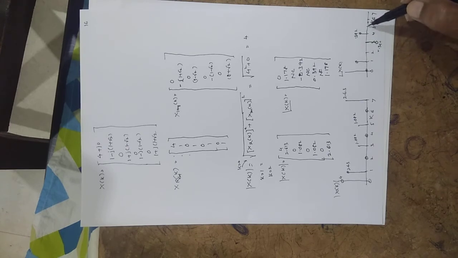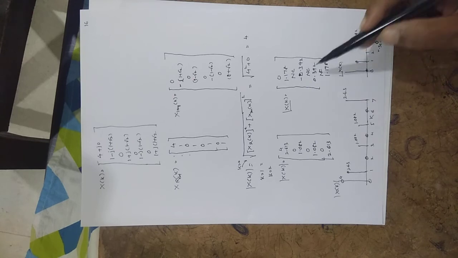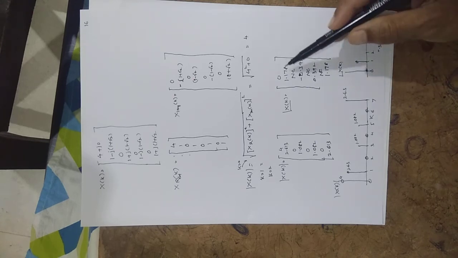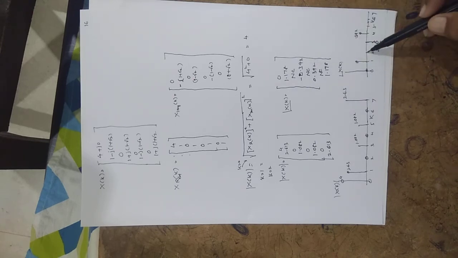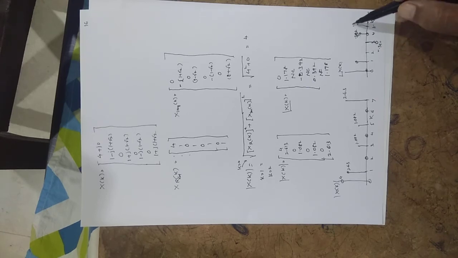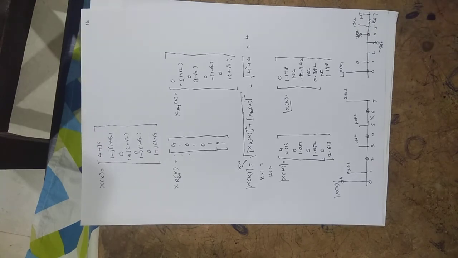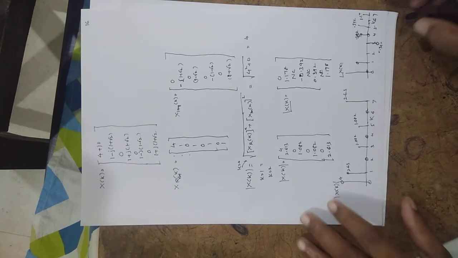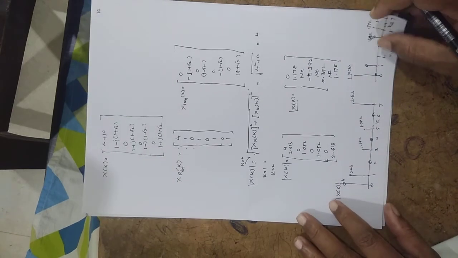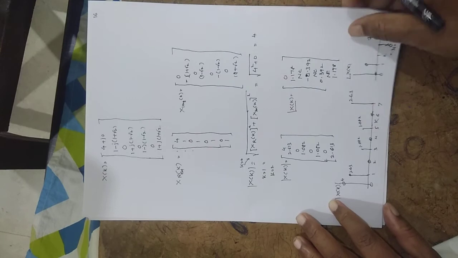The fifth one is not calculated. This is 0.392, not calculated, 1.178. So in this way, this is a complete DFT.